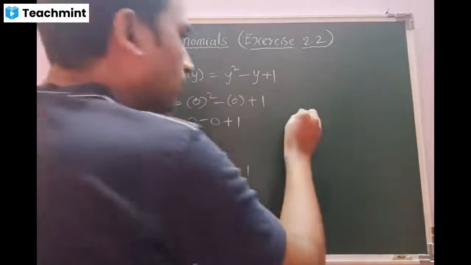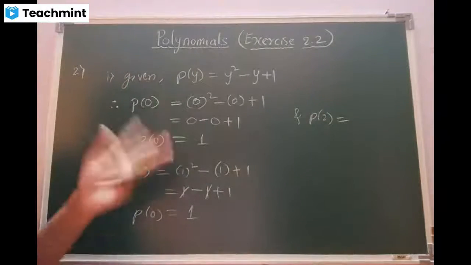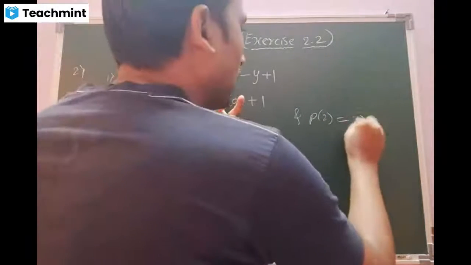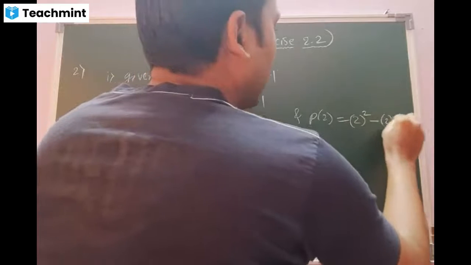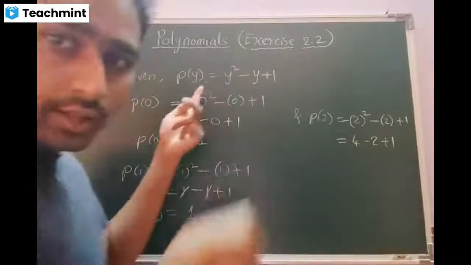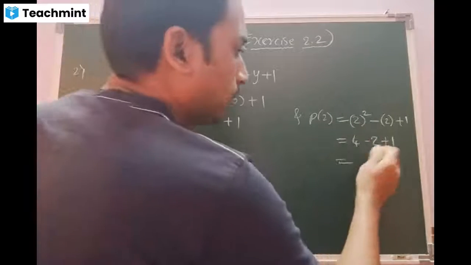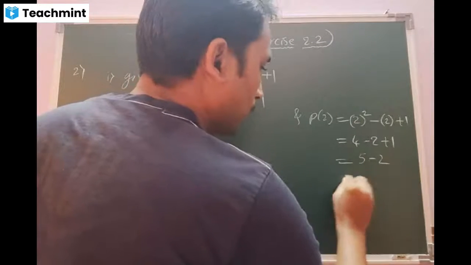One more. Finally, which one do we have to find? P of 2. Let us do it. 2 square minus 2 plus 1. So it is 4 minus 2 plus 1. Correct, beta? Answer is 3, sir. Yeah, 4 plus 1 is 5, minus 2 is 3.